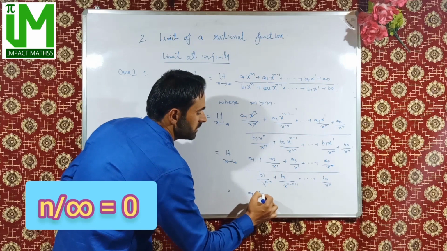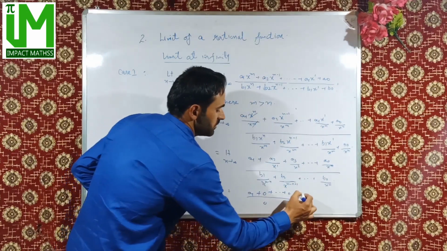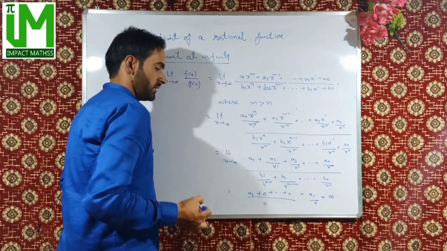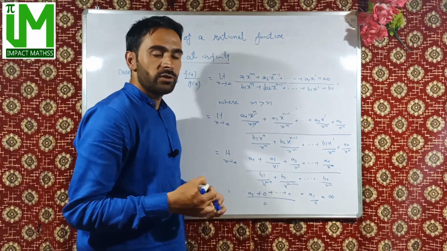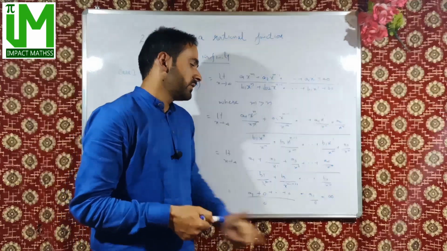So it will be a1 plus 0 plus up to 0 divided by 0, so a1 divided by 0, so this will be infinity. So limit in this case when the degree of the numerator is greater than the degree of denominator will be infinity.